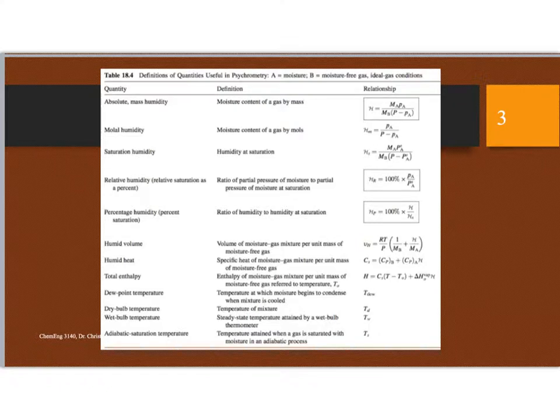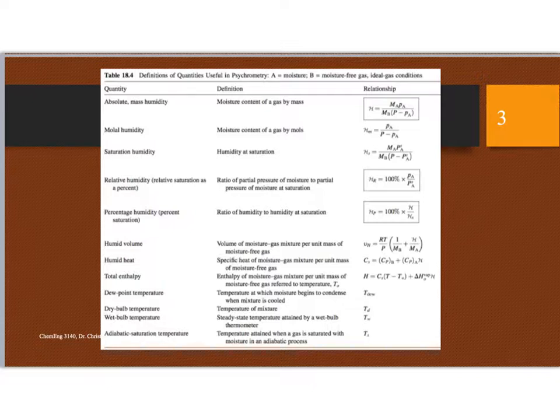So these are the basic definitions that are used in psychrometry or humidification. In these cases, A is the moisture, so typically it's water. B is the moisture-free gas, typically air. And we're considering that these are at low pressures, modest temperatures, so nearly ideal gas conditions.